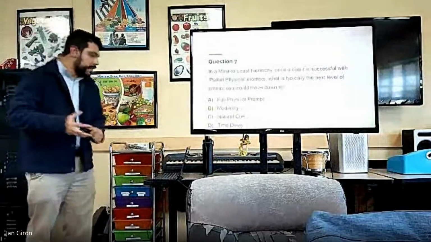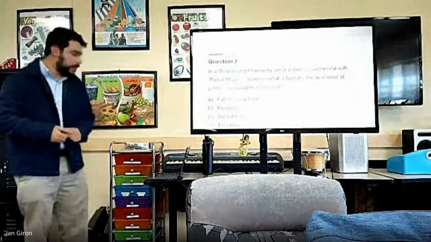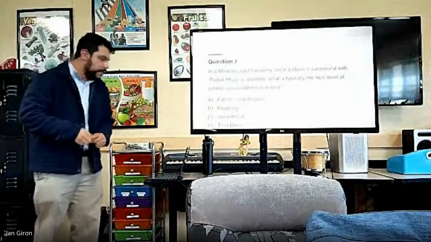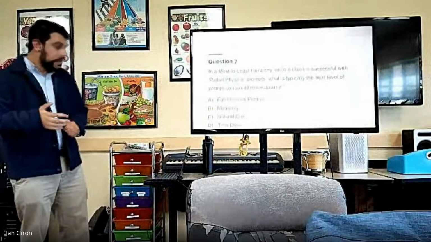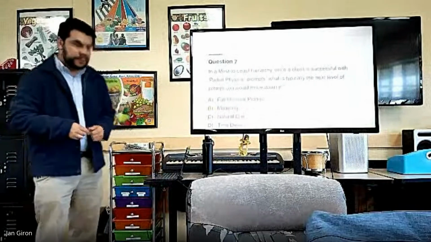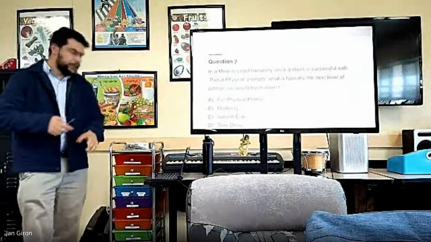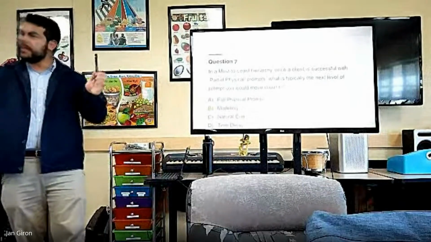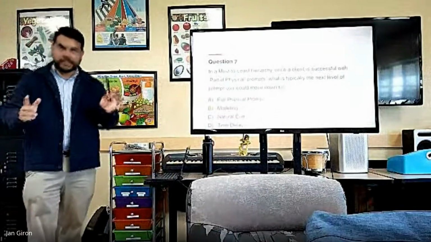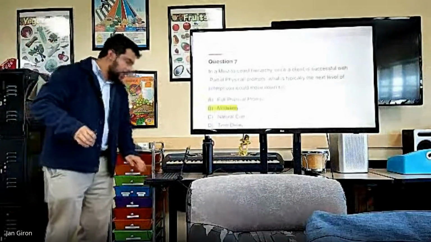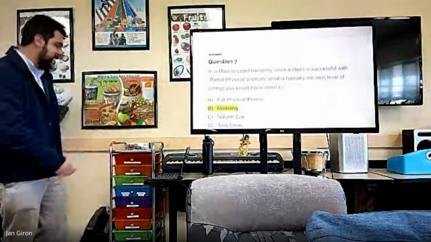In a least to most hierarchy, once a client is successful with a partial physical prompt, what type of prompt do we typically move down to? That would be modeling. Yes, modeling.